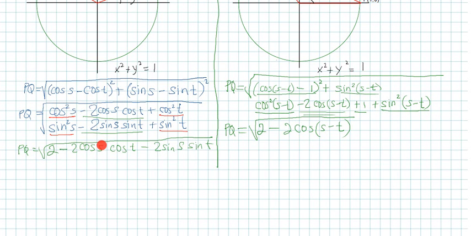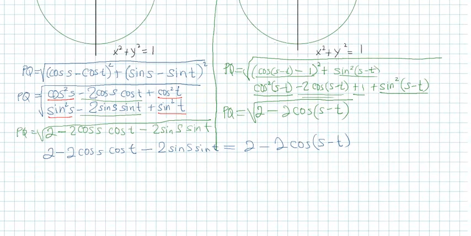So if I square both sides, then the radical is going to go away. So I have 2 minus 2 cosine of s cosine of t minus 2 sine of s sine of t equals 2 minus 2 cosine of s minus t.